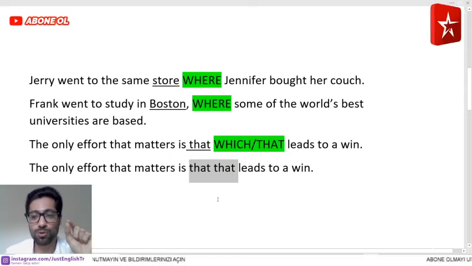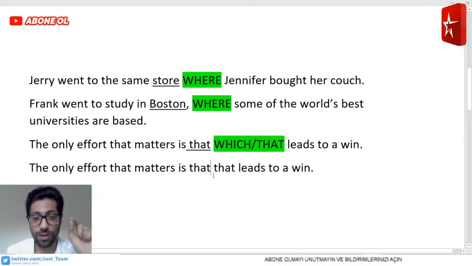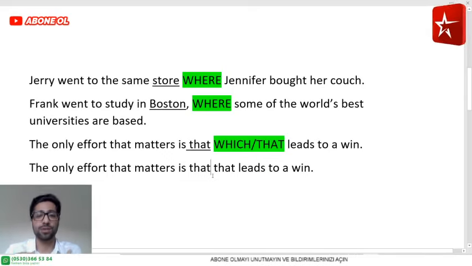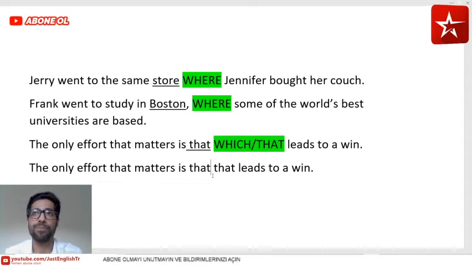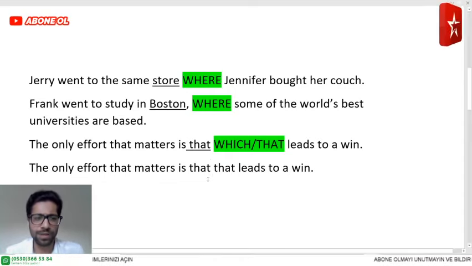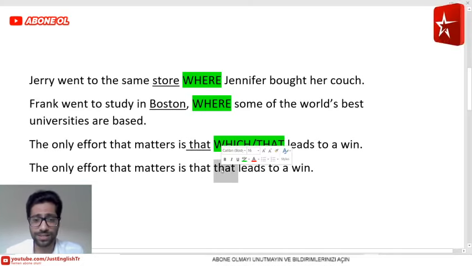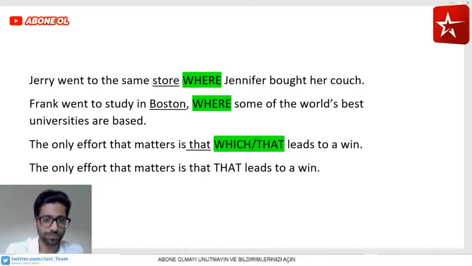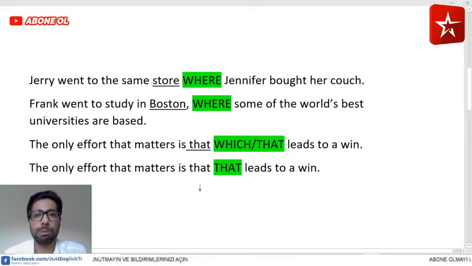However, if you don't want to confuse the reader, the one you are sending the homework or the email or any kind of formal or informal writing to. Basically, it can be informal because we use that so much. This is no problem. You can use that twice. Let me capitalize it and highlight it for you. Here, there is no problem whatsoever.